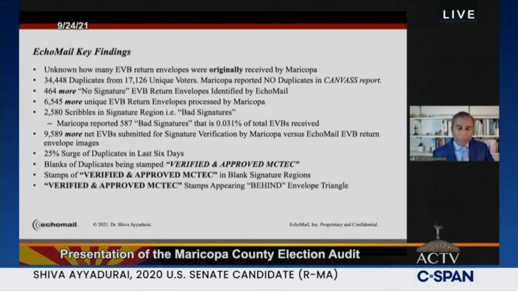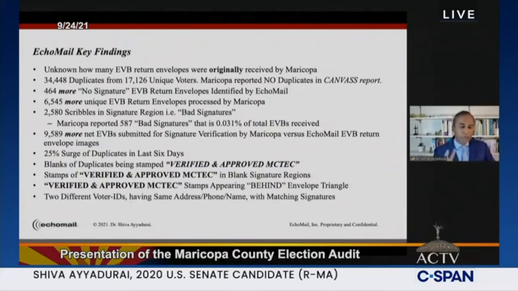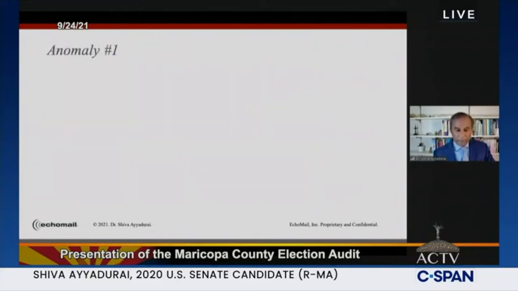What's more interesting, and I would consider it potentially a critical anomaly, is that we saw the verified and approved stamps appearing behind the envelopes. And I'll show you this. It's almost as though it was imaged on there, or I don't want to say Photoshopped, but put on there. But it's quite fascinating. I'm sure there's some explanation for this. And then finally, we have cases where we have two different voter IDs having the same address, same phone, same name, with matching signatures. So let's go look at some of these anomalies a little more graphically.